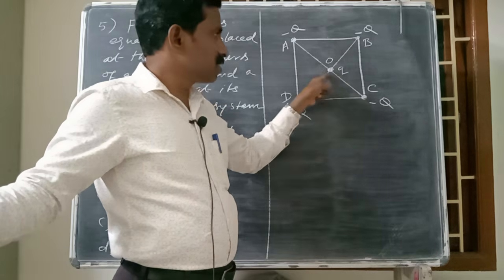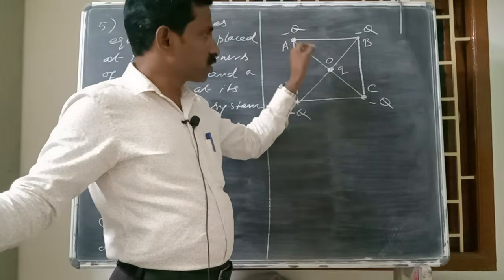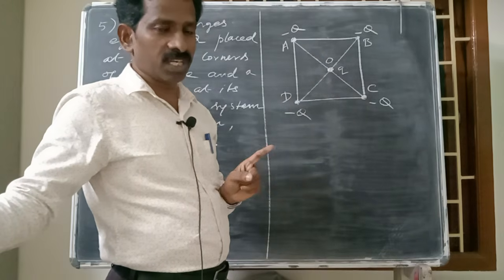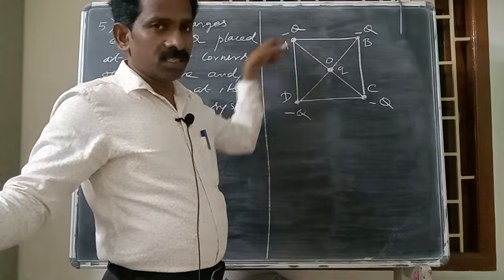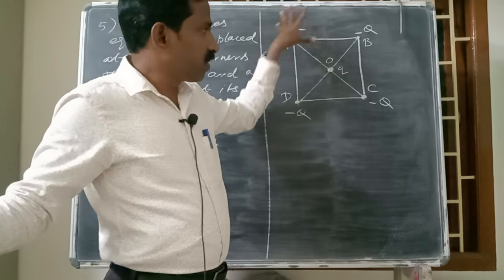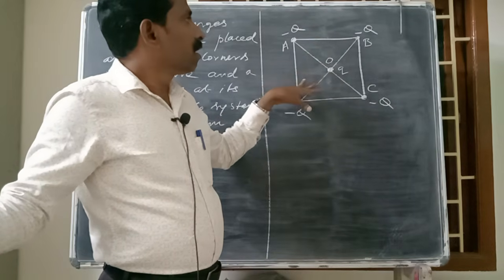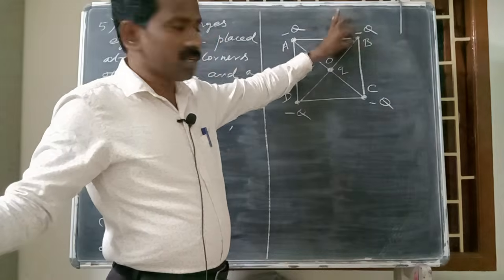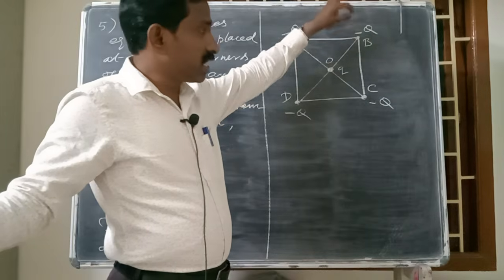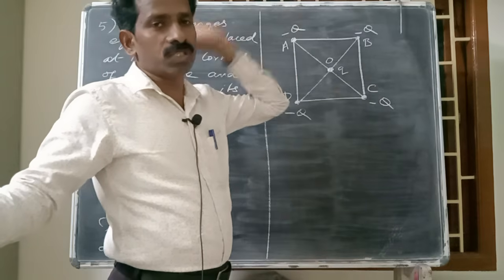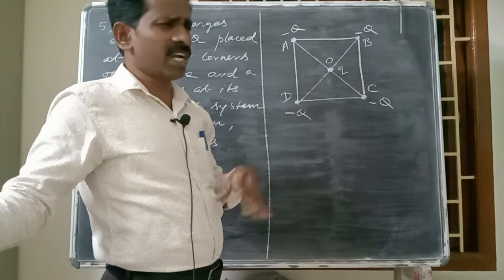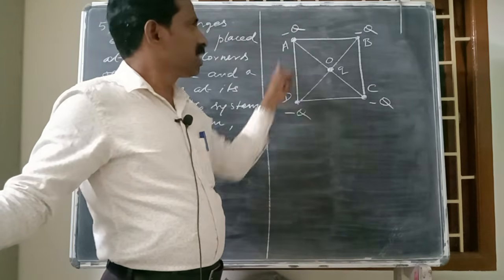If this charge is in equilibrium, the net force acting on the charge is 0. That is the condition. So in this system, in this square, we have 5 charges. The net force experienced by each charge should be equal to 0. That is the condition.